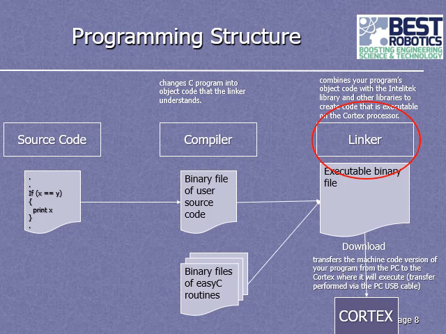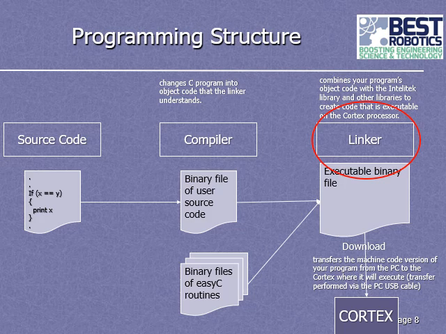These are all the predefined functions that you use, and other things that it will need, like printing capabilities, whatever's built into the system. We'll take all those binary files, put them all together, and create an executable binary file. This is the thing that's actually going to run.